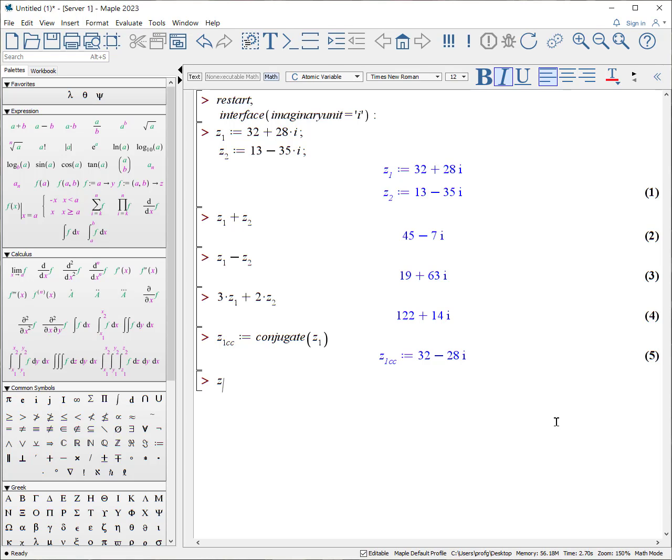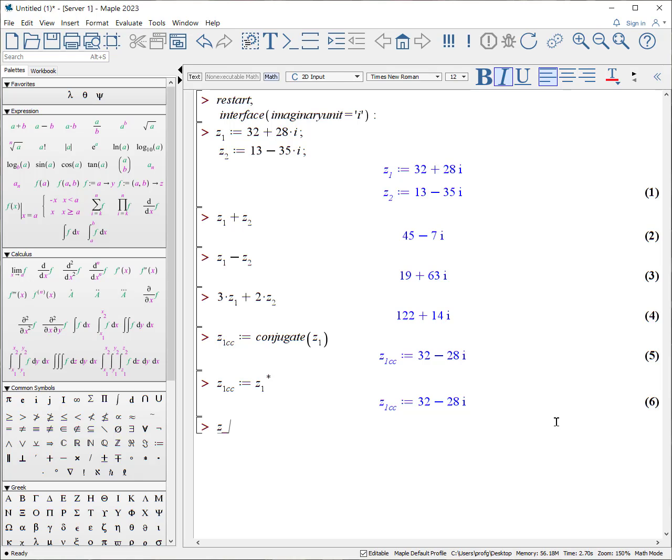Fortunately, Maple allows you to write it as you would probably expect to see it, which is z1, and then the hat character over the 6, times a star, and then it turns it that way. Once you have the complex conjugate, of course, this allows you to calculate the modulus value of it.